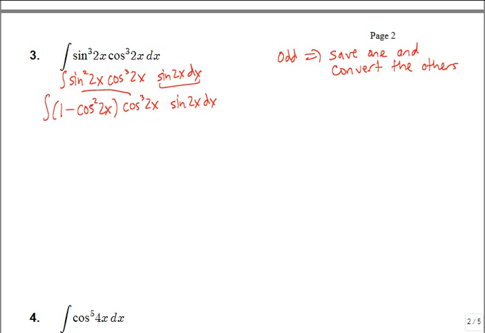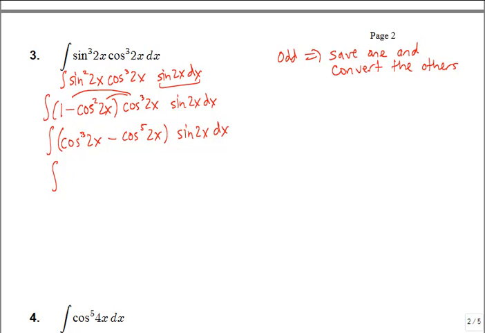But what I am going to do is distribute it across. So this becomes cosine cubed of 2x minus cosine to the 5th of 2x, and both of those are being multiplied by that sine of 2x that I saved dx. Now let's go ahead and break these two things up into two different integrals.